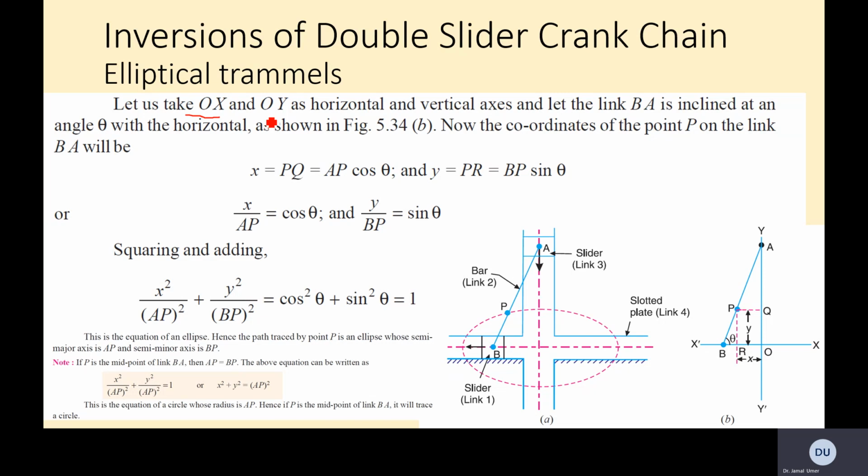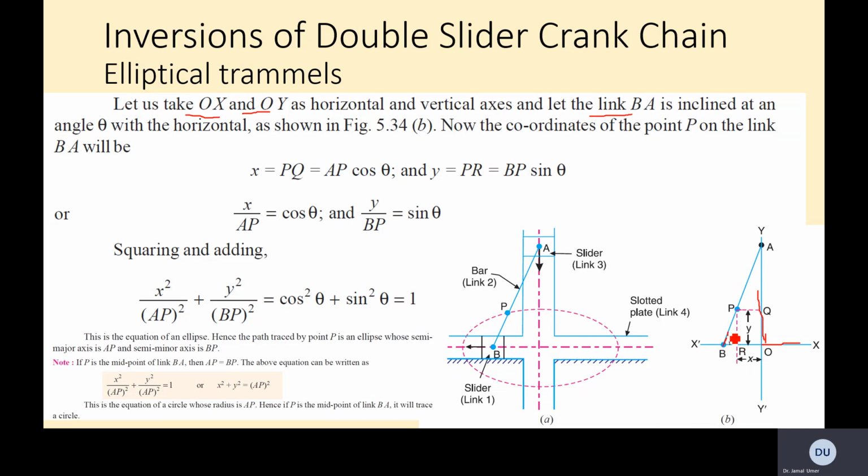So let us take OX and OY as horizontal and vertical axis. So we got here OX. So this OX and OY are considered as horizontal and vertical axis, and let the link BA be inclined.